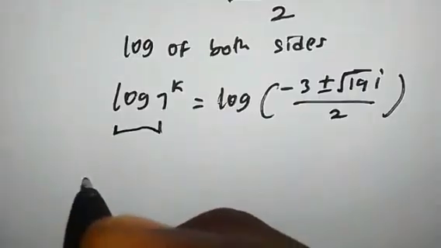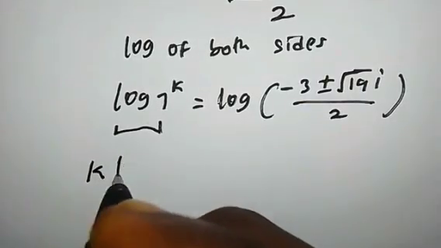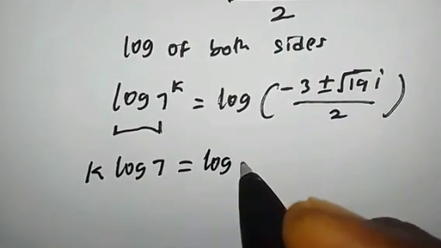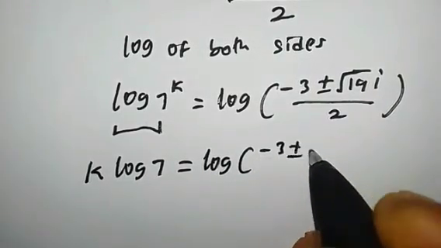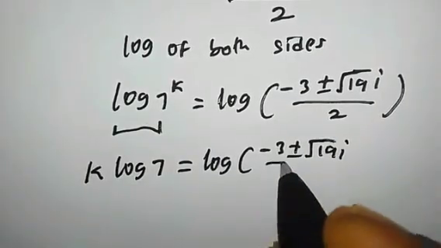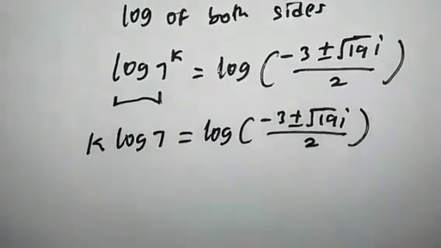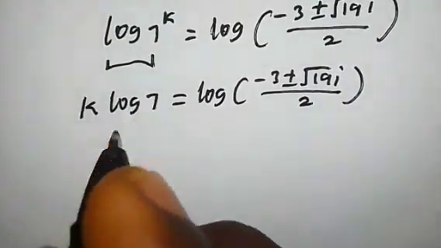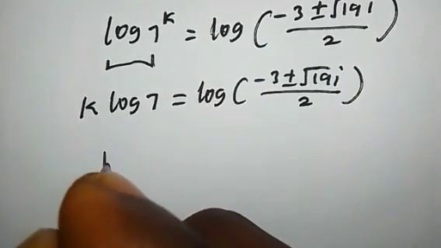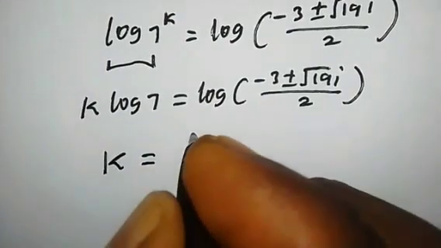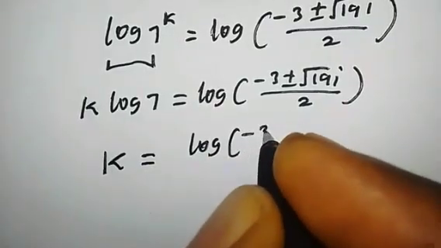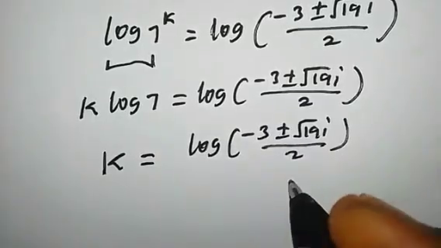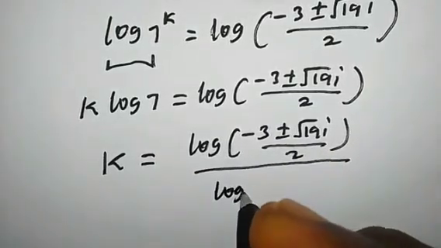This left hand side is the same thing as writing k times log 7 equal to the right hand side, log of minus 3 plus or minus square root of 19i divided by 2. Let's divide both sides by log 7 to get rid of this log 7. If we do that, we have k equal to log of minus 3 plus or minus square root of 19i divided by 2, over log 7.